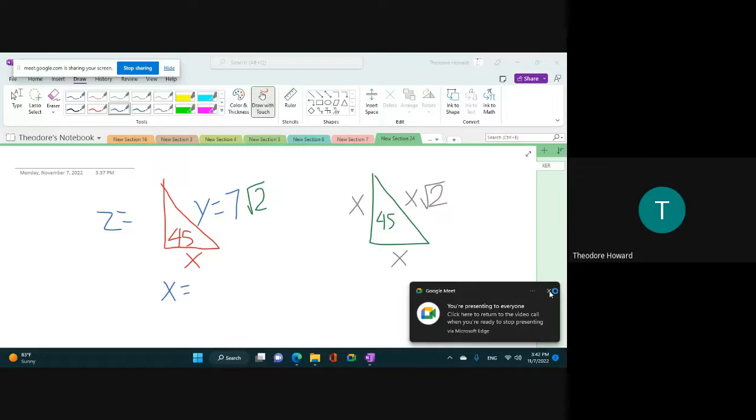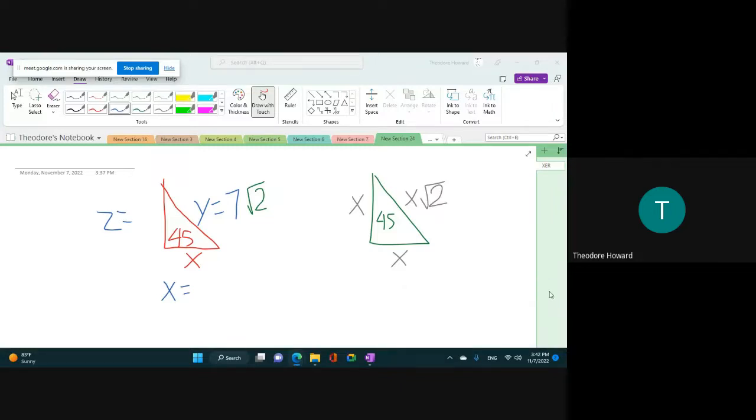All right. So let's get back to this. So guys, going back to this, I give you 7 square root of 2. So looking at what we know, which is right here, I need to know what x and what z is.